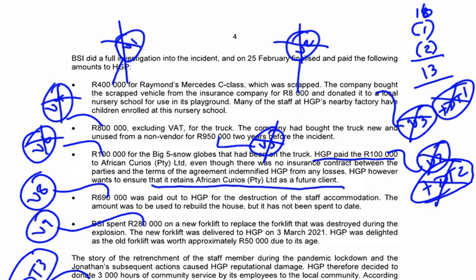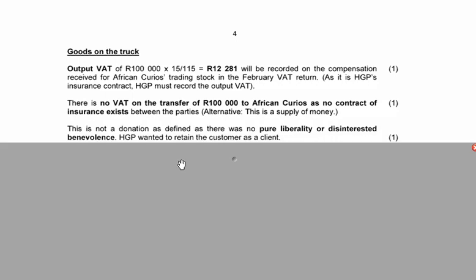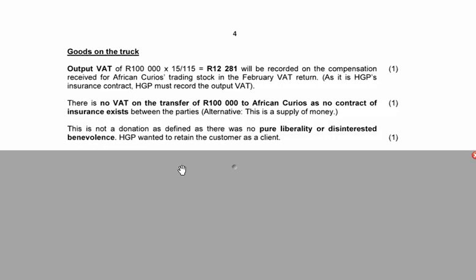It's not a proper donation. It's not done out of the goodness of your heart. There's no donations tax on that, and we will not need to levy any donations tax as far as this is concerned. Okay? And because there was no pure liberality or disinterested benevolence, we want to retain it. There's no donations tax that will be calculated on that one itself. Moving on.